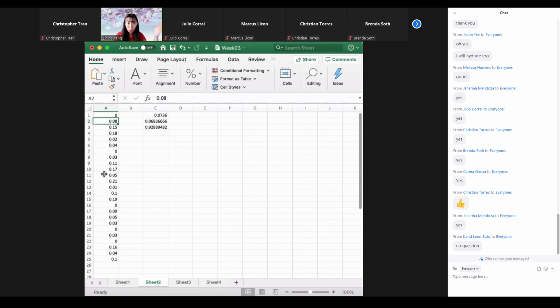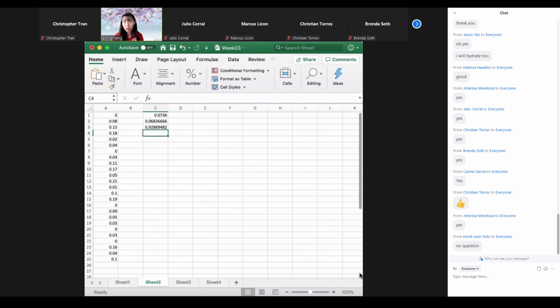So type the 25 numbers, and then calculate the mean by using the average formula, and then calculate the standard deviation by using the standard deviation formula. And then finally, when you get to calculate the coefficient of variation, just do a division between the two numbers.